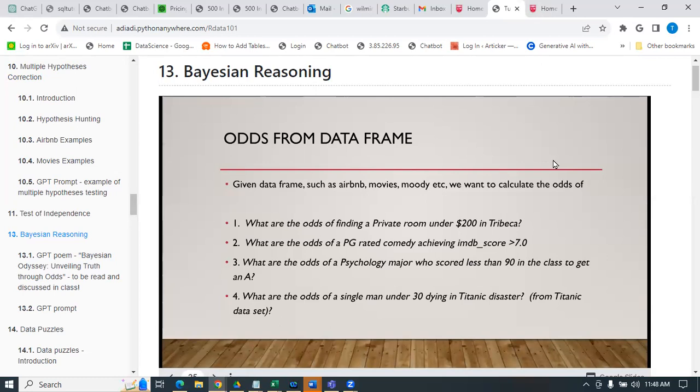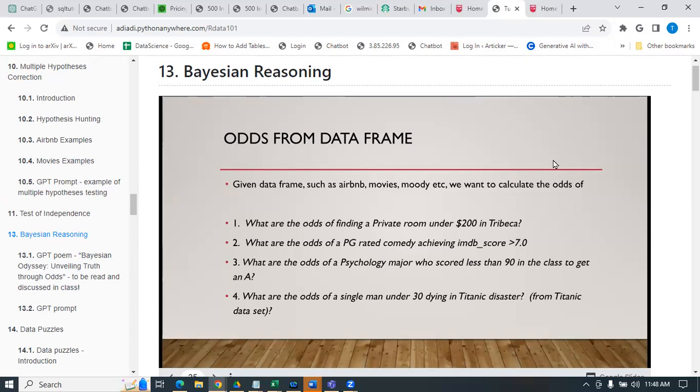The room is private. The belief, something which we don't know, is that it costs under $200 and it's in Tribeca. Or maybe the observation is that you are in Tribeca and you're looking for a private room. Anyway, these are your assumptions, and you definitely don't know how likely it is to get a price under $200.